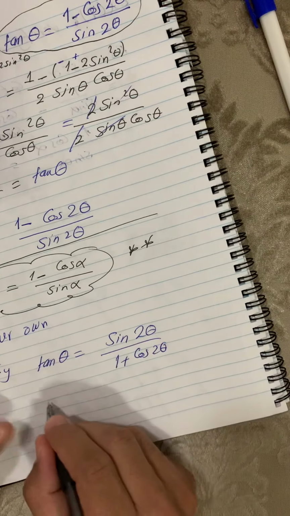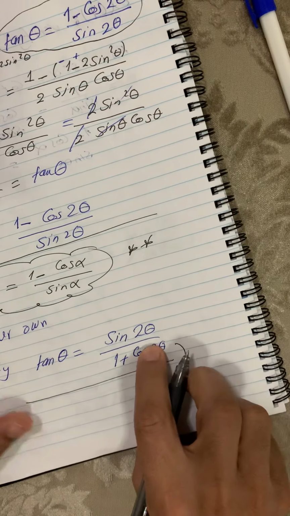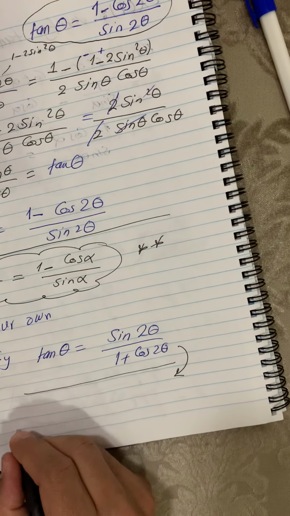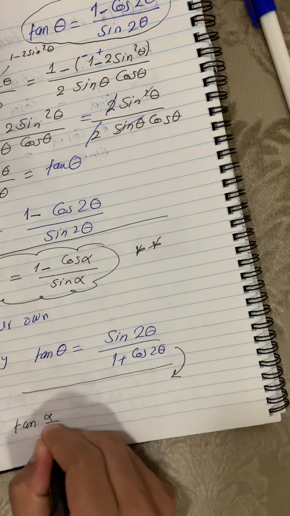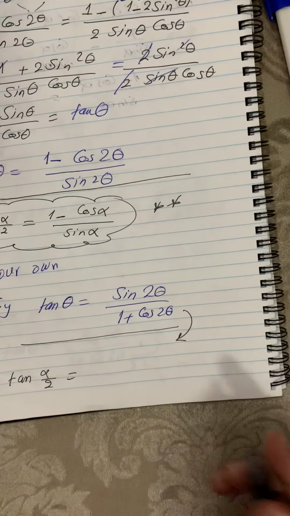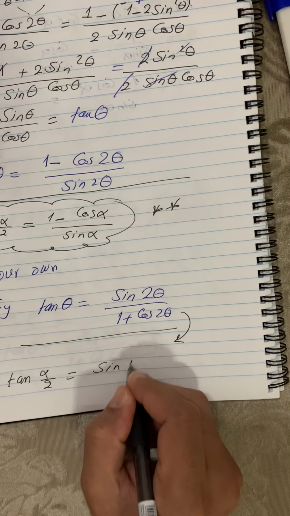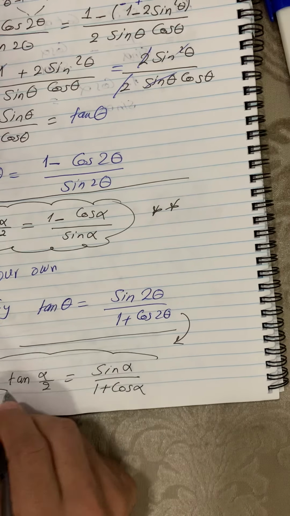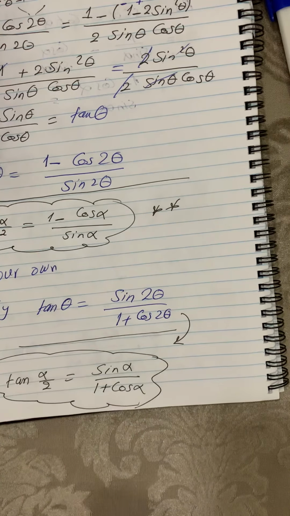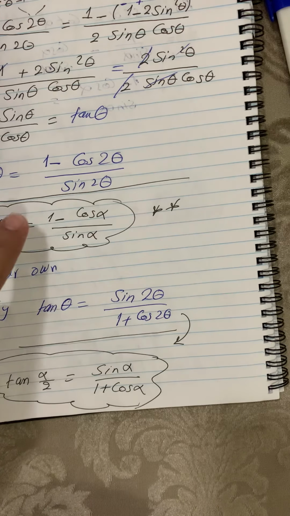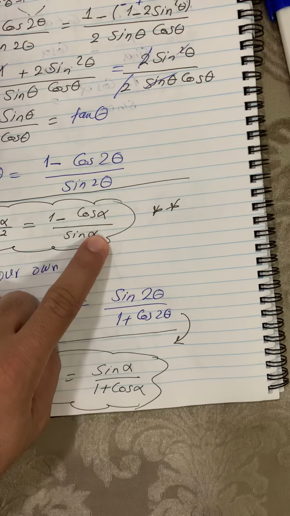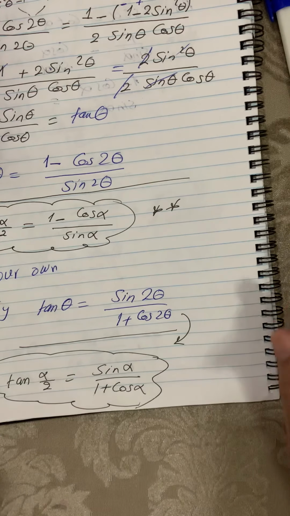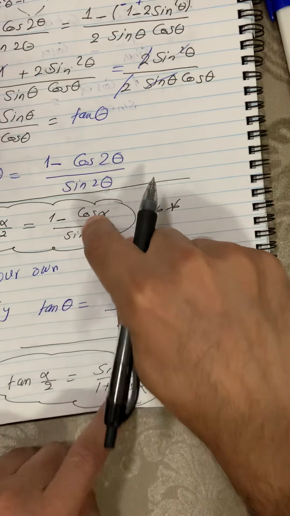And then after verifying this identity, I'm gonna write here tan alpha over 2 equals sine alpha over 1 plus cosine alpha, and this is also a new formula for tan alpha over 2. Tan alpha over 2 can be written as 1 minus cosine alpha over sine alpha, or sine alpha over 1 plus cosine alpha. From these two, we can solve number 7.